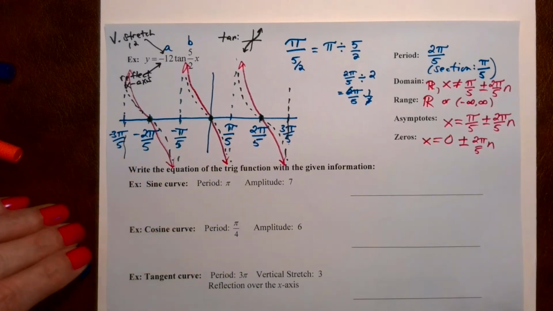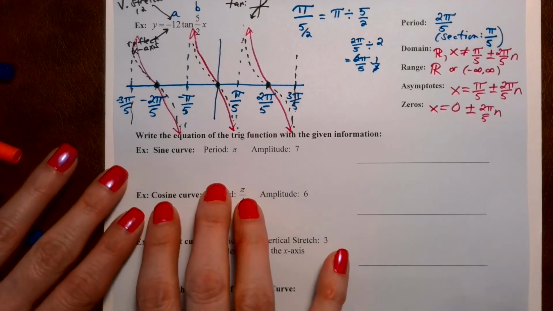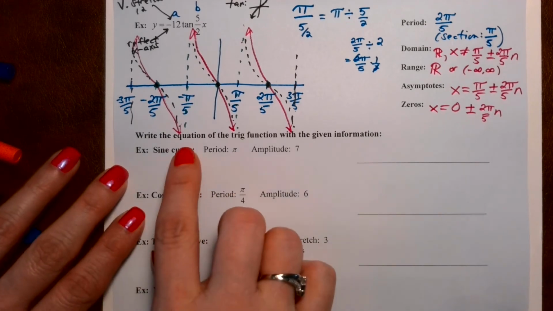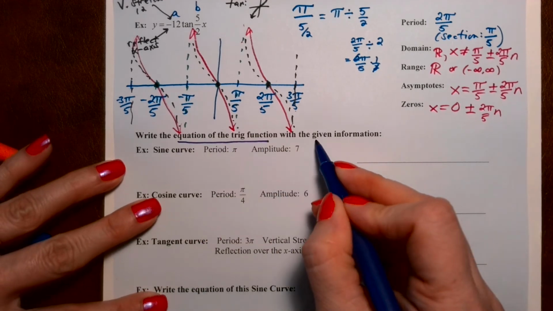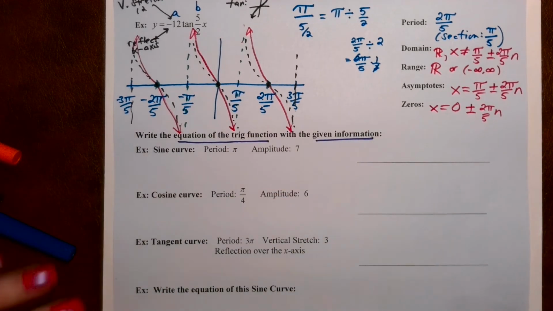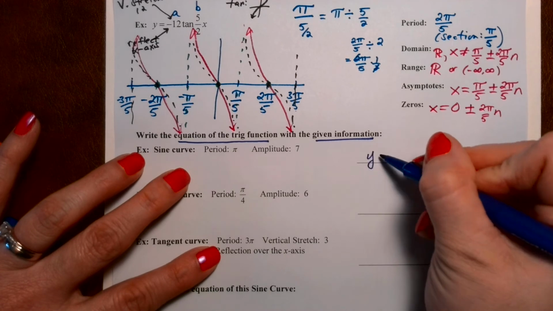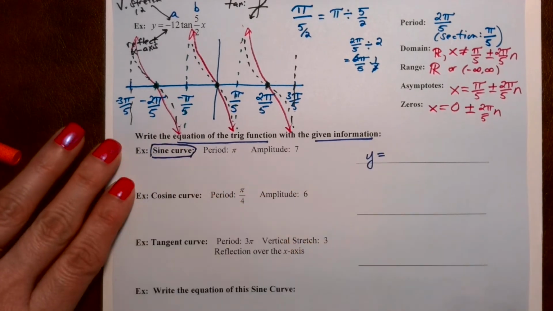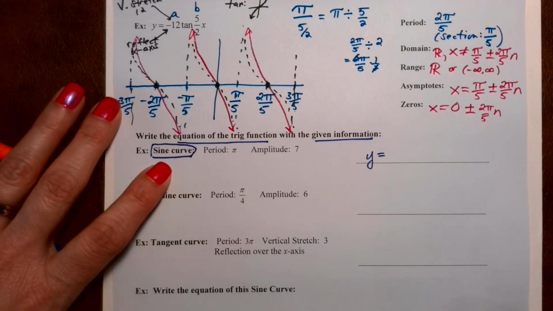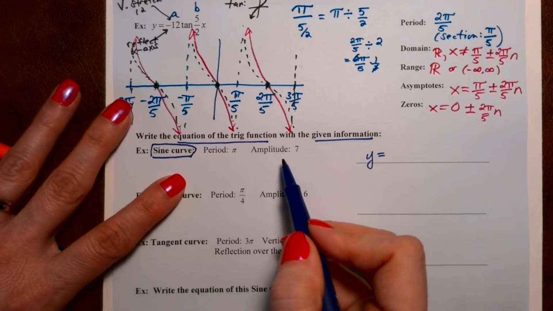Okay, let's practice writing some equations. Okay, so we're going to write the equation of the trig function. Okay, we're going to use the given information. First of all, we want to make sure that we have y equals. Okay, and they're telling us that we have to make a sine graph. So that does help a lot with the formulas for period and stuff.